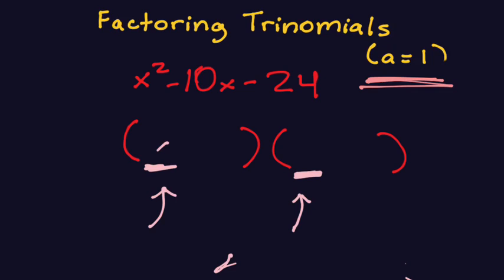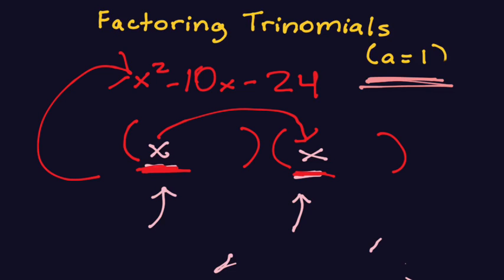This first component is always going to be x, because the first components of each parentheses always multiply together to get the first value in the trinomial. So in this case, we have x times x. They are multiplying together to get this x squared right here.